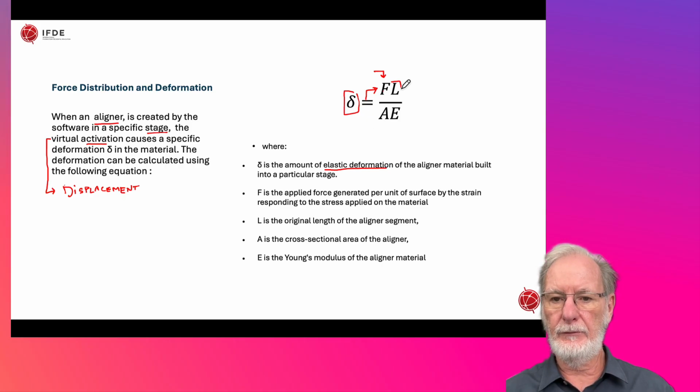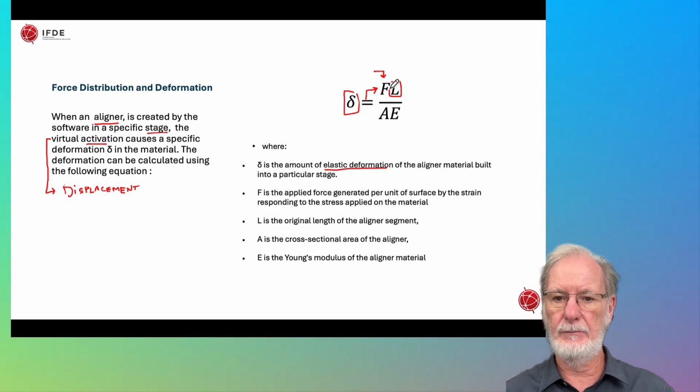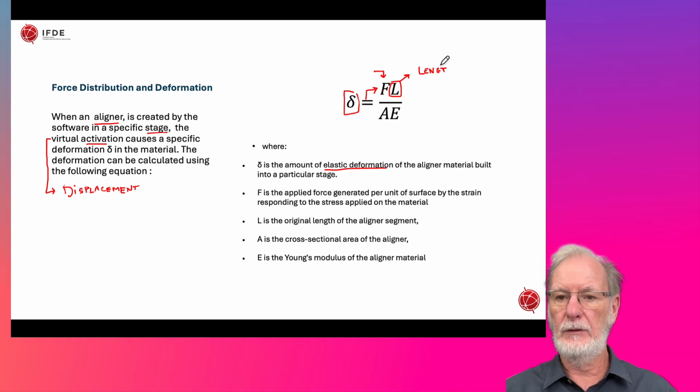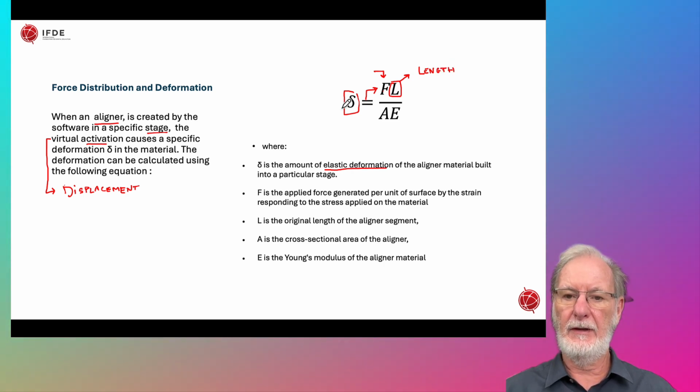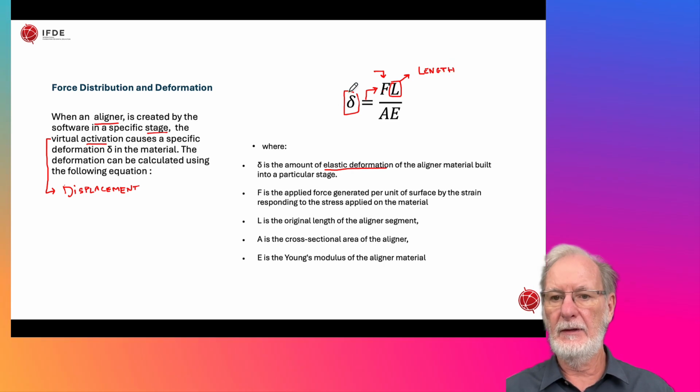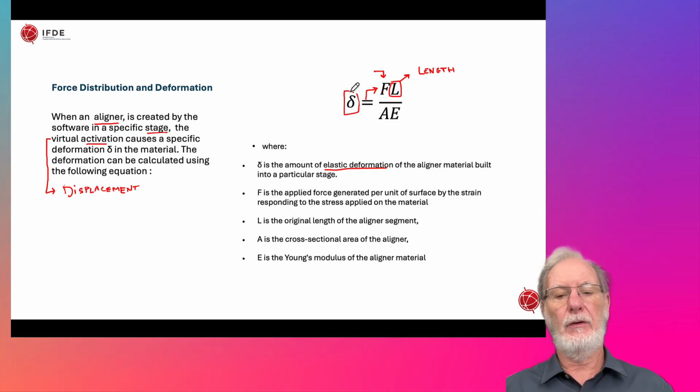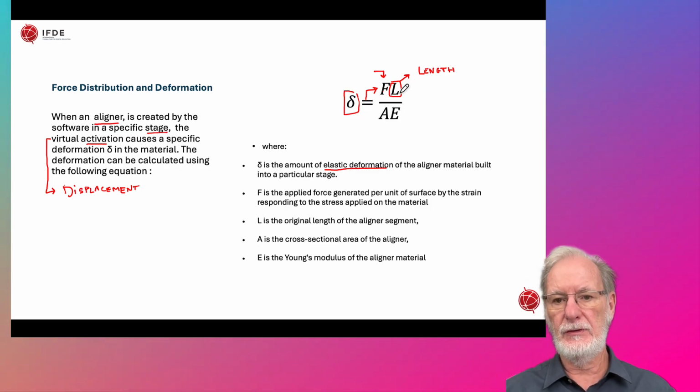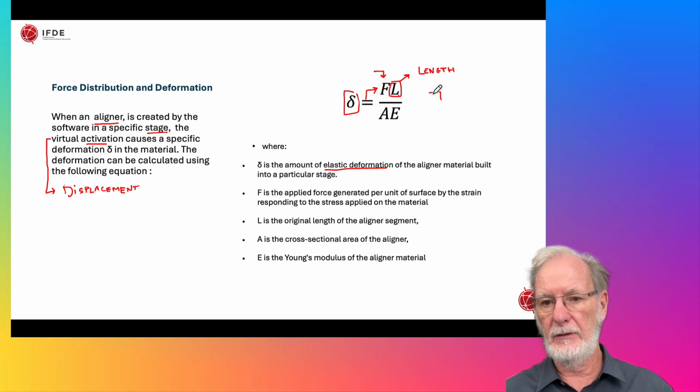So there is an amount of distance between active parts of the aligner called the length. And depending on the length, you will get different deformation, which will translate into better activation, because you can see that the more distance you keep, let's say, between the attachments.